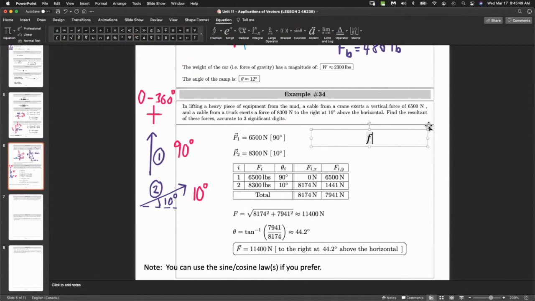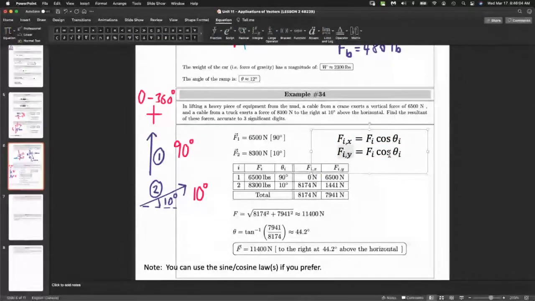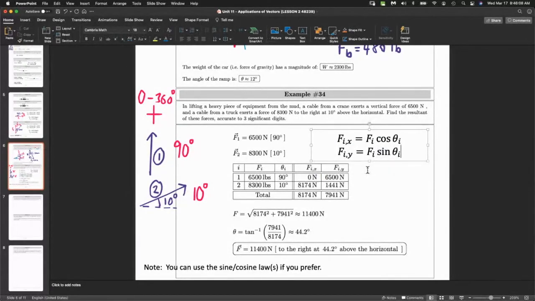Remember that F_ix equals F_i cos theta_i, and F_iy is F_i sine theta_i. So that's where I'm getting those components from. The x component is always the magnitude cos, and then the y component is the magnitude sine.